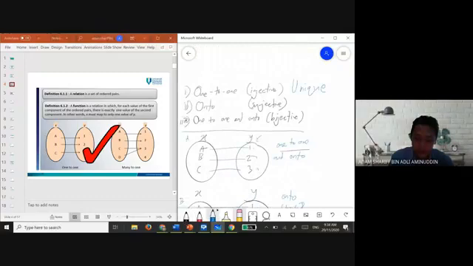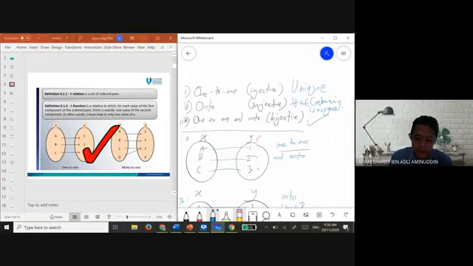Onto, as I said earlier, all elements from the codomain are assigned. If you combine the unique assignment and all the elements from the codomain being assigned, you get bijective.